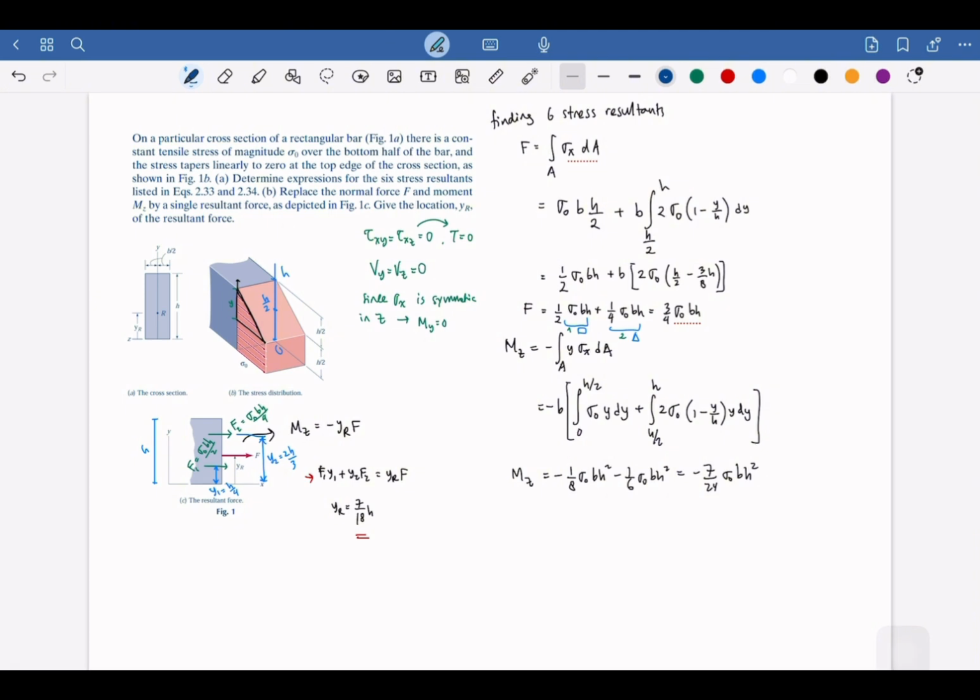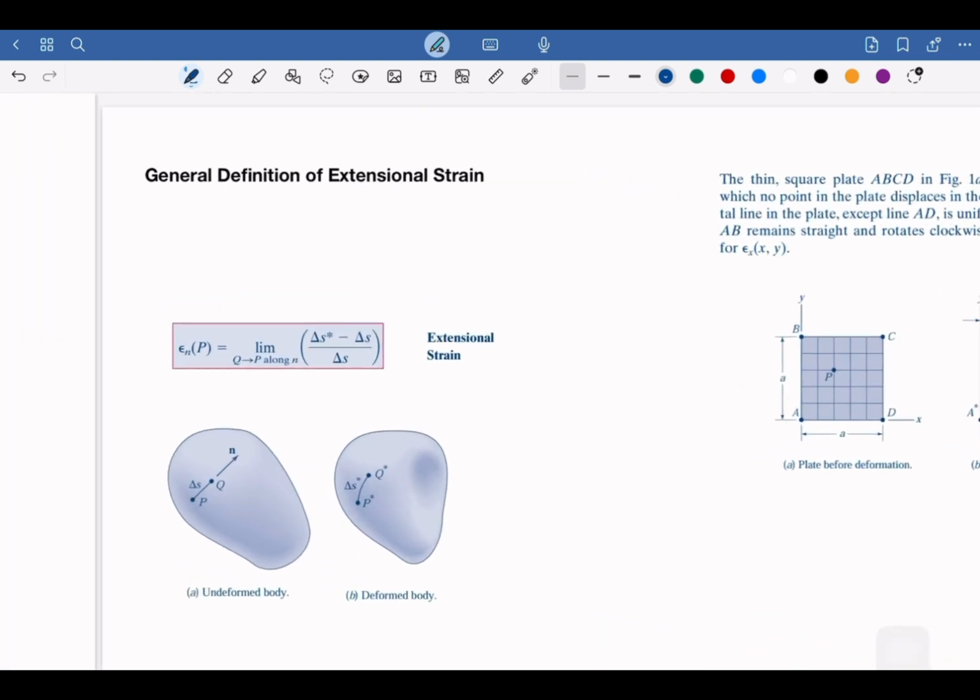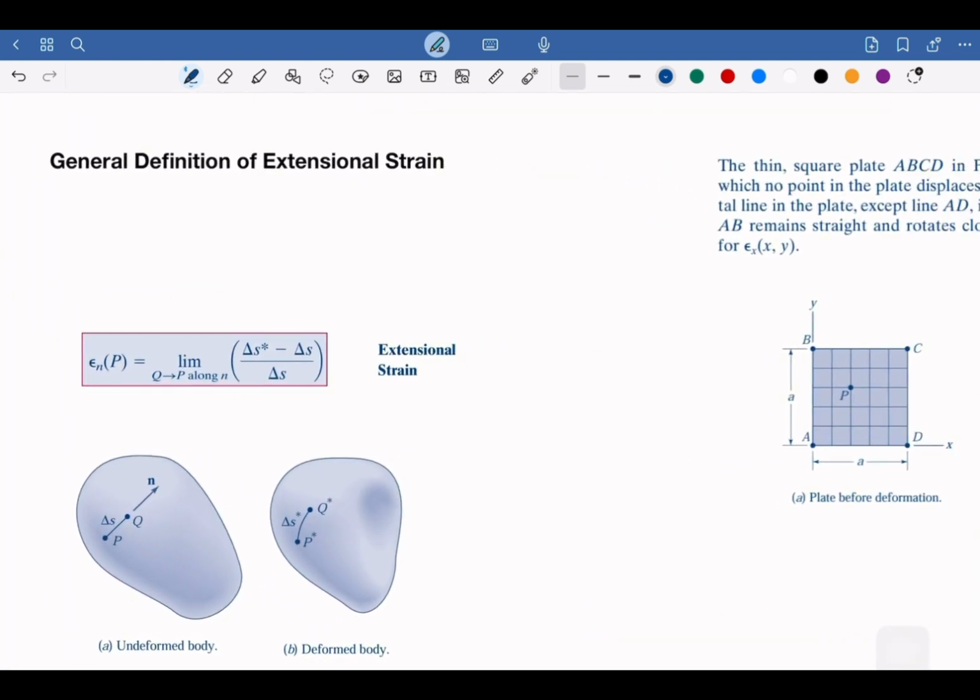Okay, so let's see the next part of our lecture, which is the extensional strain.